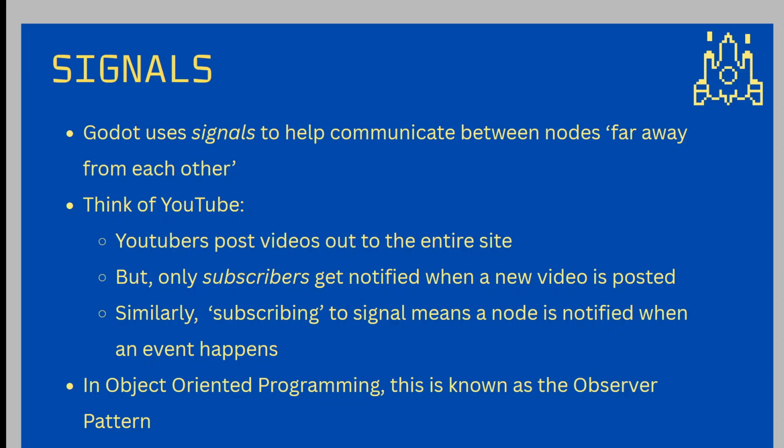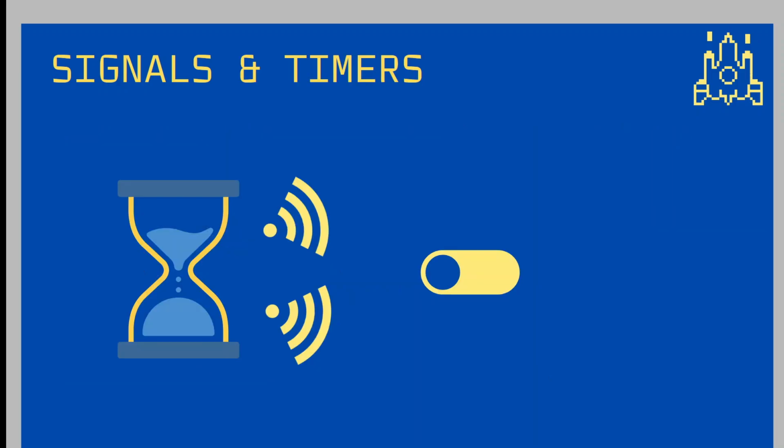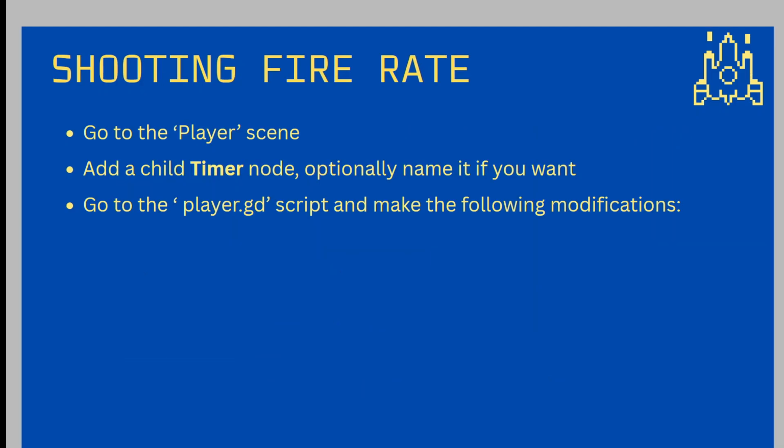But if you're a subscriber to that YouTuber, every time they post a video, you get a notification. Just like that, a node is a YouTuber, and whenever it does something, a signal is just saying, if there's any subscriber to me, notify them, right? I don't know if I have that over here. Yeah, okay.